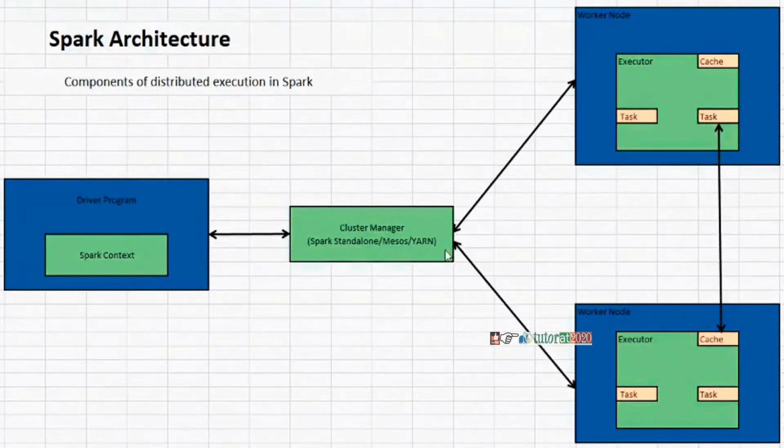So if you observe, this is the driver program. This is basically your Spark application, which you are executing. It sits on whichever client machine you are executing this application from. Typically the Spark application is distributed as a jar file.